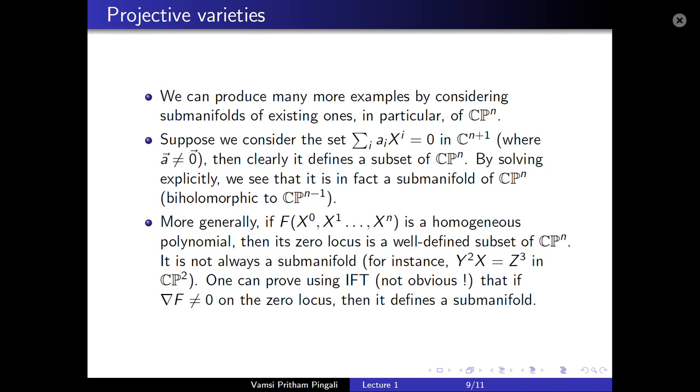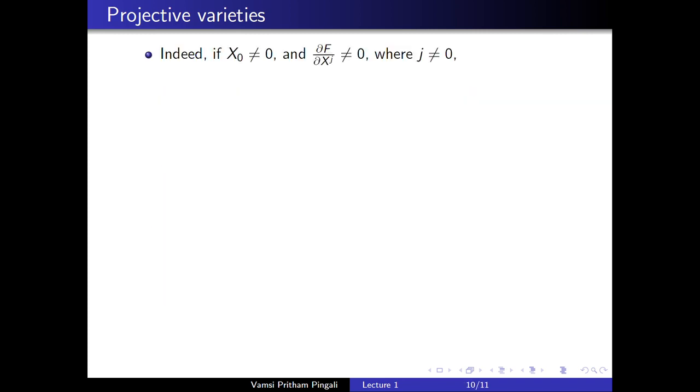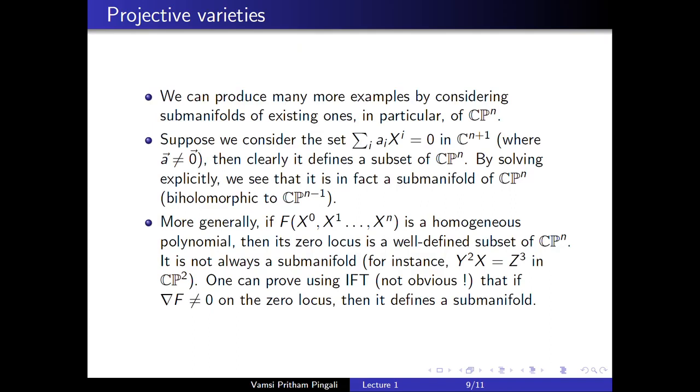So an easier way to do it is as follows. How can you prove something is a submanifold? Well, if around every point you can find a holomorphic function locally defining it, such that its gradient is non-zero, then by the implicit function theorem, you're done, right?